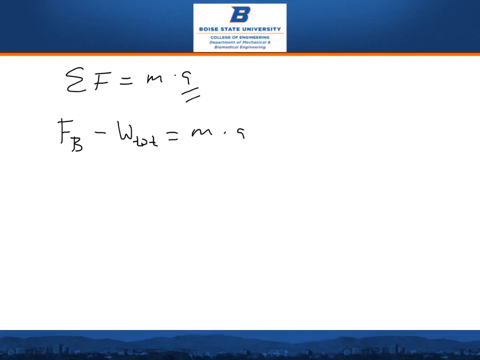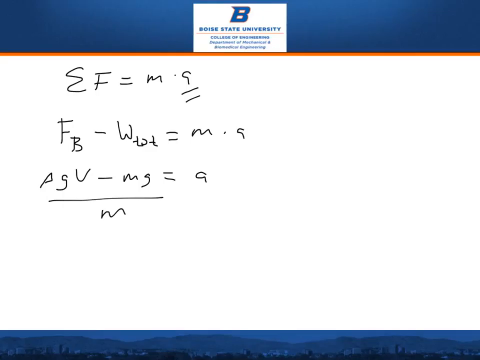Subbing in, we have density of air times g times the volume minus mg equals a, this whole quantity divided by m.